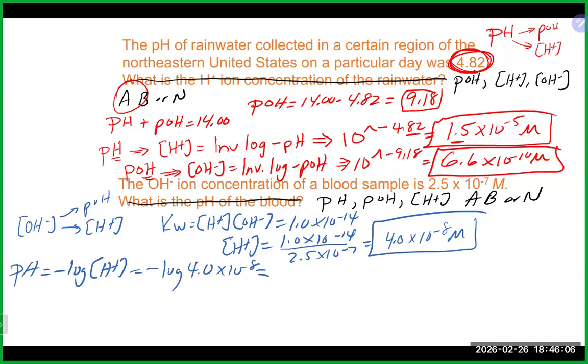Looks like 7.40. And now that we have the pH, I could simply just take 14 minus it, and that will get me to my POH with not too much work there. And that's going to give me a 6.60 in this case, right?